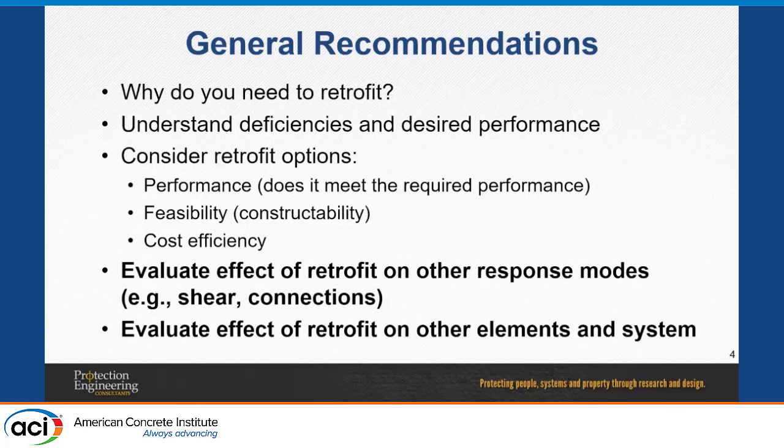So feasibility of construction, and the same thing could apply if it needs to be installed on the exterior side of the wall. Cost efficiency, because again, you can run the analysis and it shows that it works, but it might not be cost efficient. In some cases, if it's not a structural member, it might be more cost efficient to tear down the wall completely and build a new one. That's an important aspect.